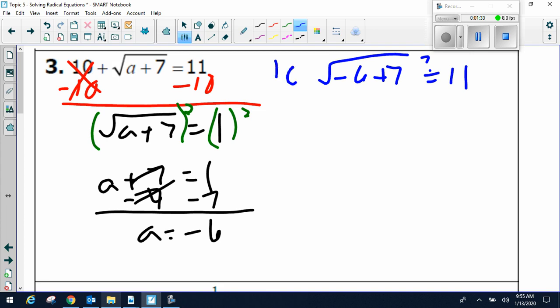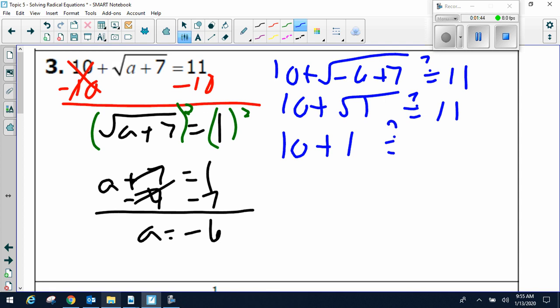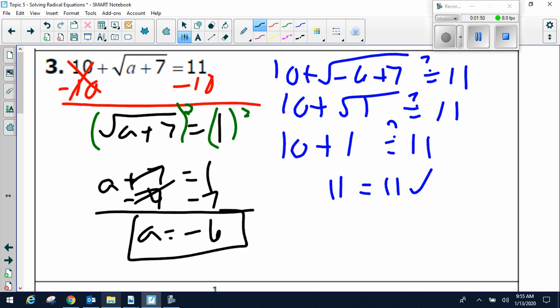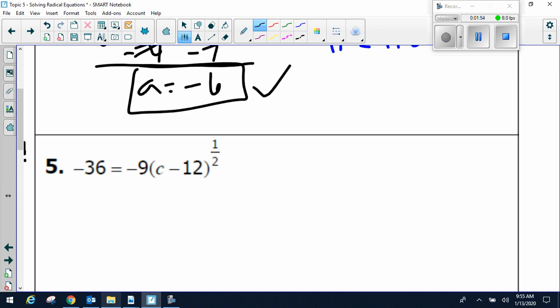Now you got the 10 plus out here. I forgot about that. So 10 plus the square root of -6 plus 7 is the square root of 1. Does that equal 11? The square root of 1 is just 1, and you get 11 equals 11. So you're good, which means that this solution works. Let's do another one.